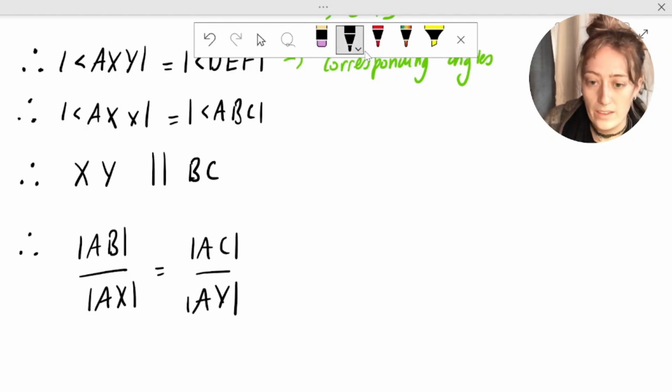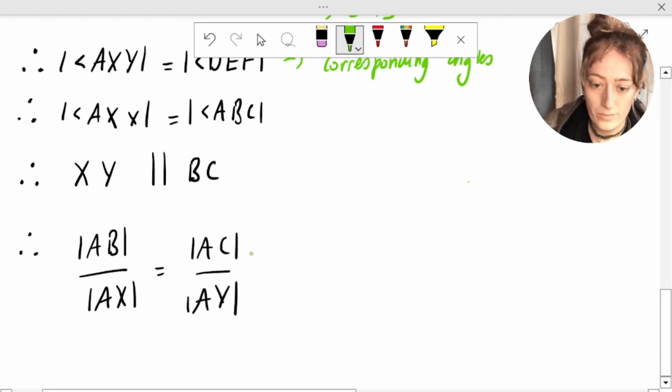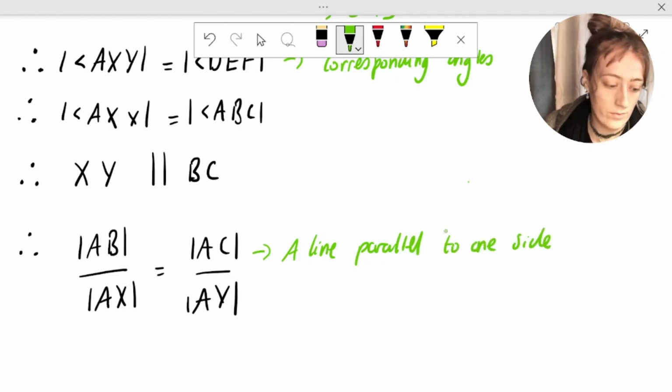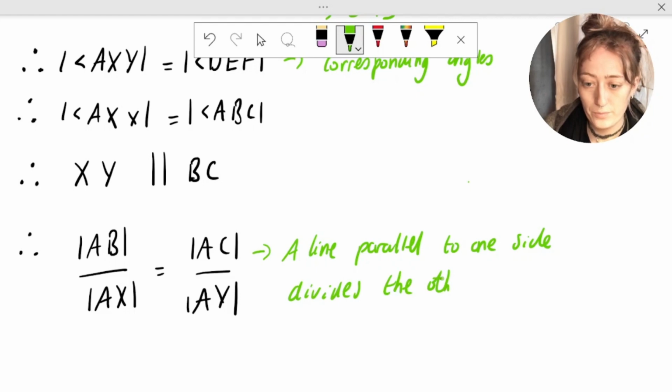And the reason for this is because a line parallel to one side divides the other two in the same ratio.